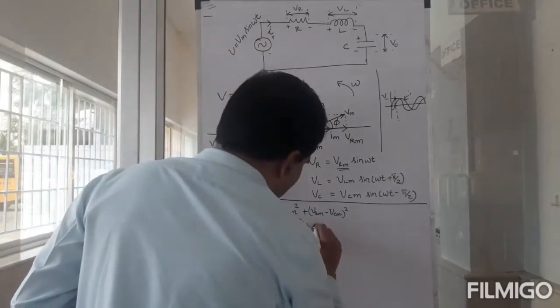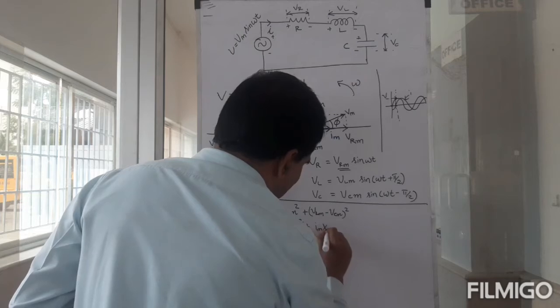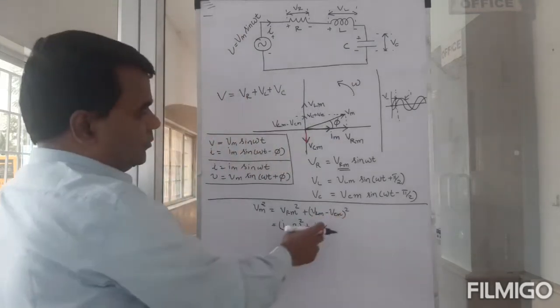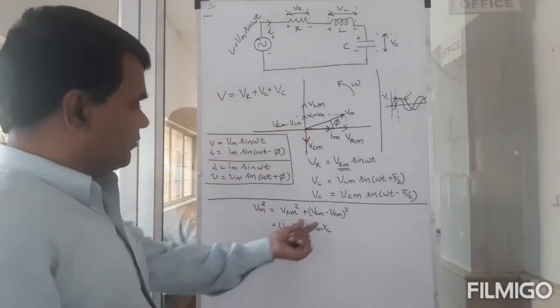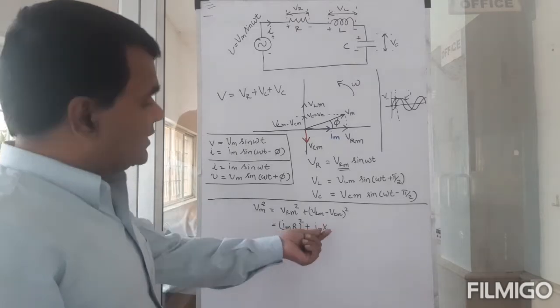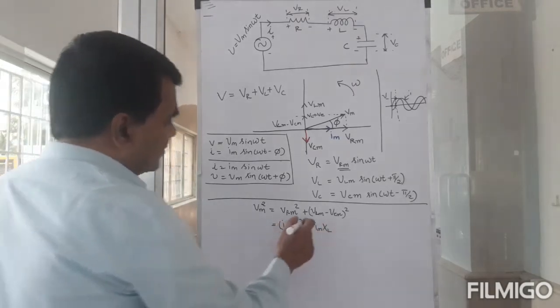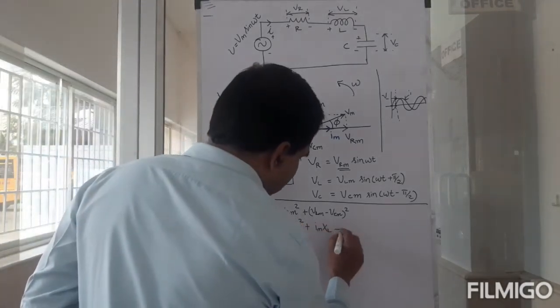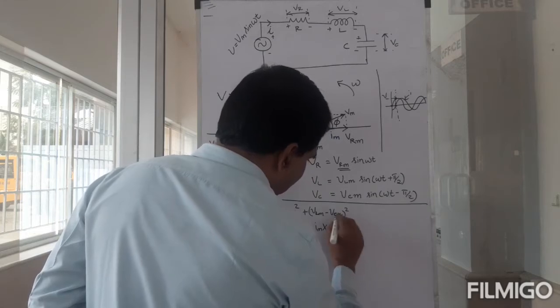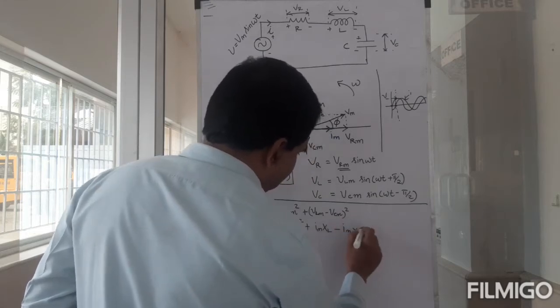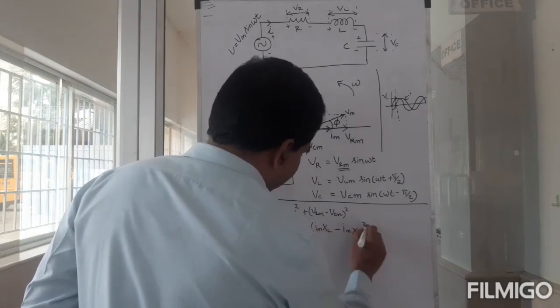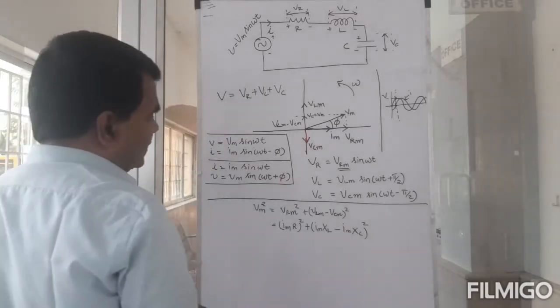That's going to be again IM into XL, the inductive reactance, that is IM XL, minus IM XC, the capacitive reactance, the whole square. Okay?